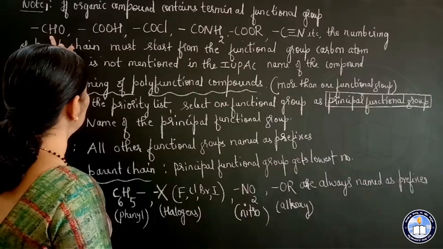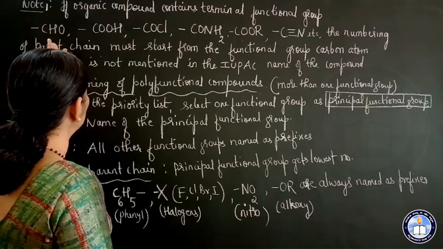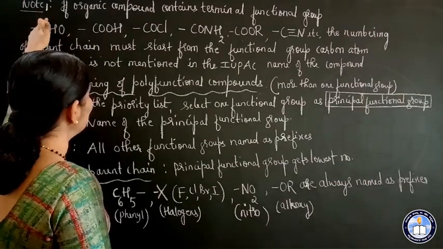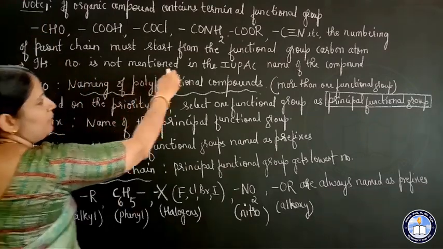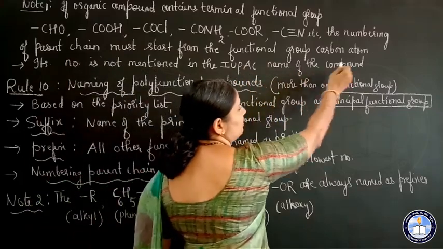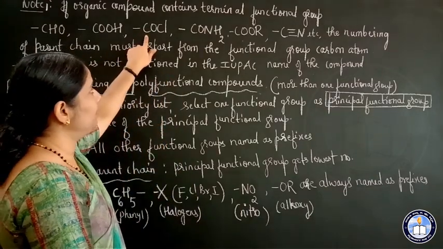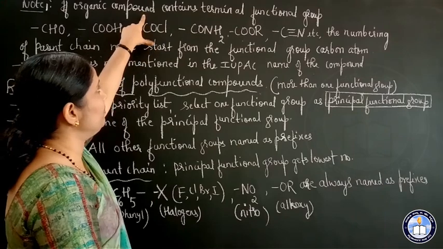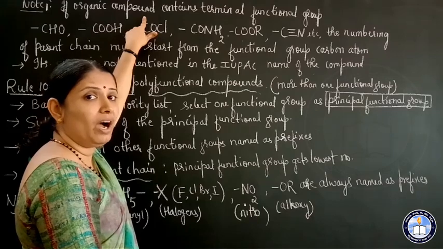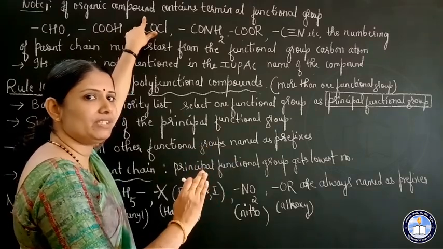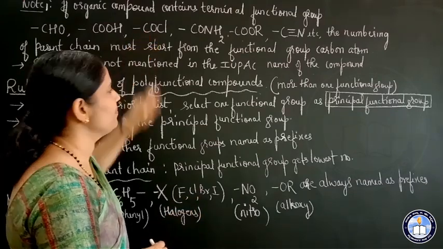From the functional group carbon atom itself. So the functional group carbon atom will be assigned as 1. Its number is not mentioned in the IUPAC name of the compound. That is, before the suffix, no need to mention the locant of the functional group.